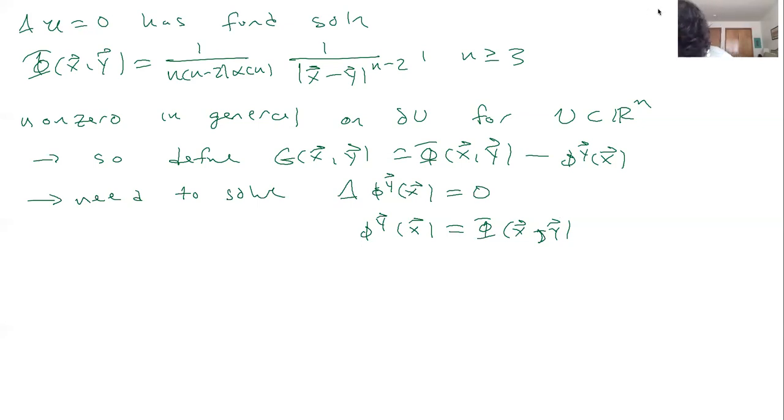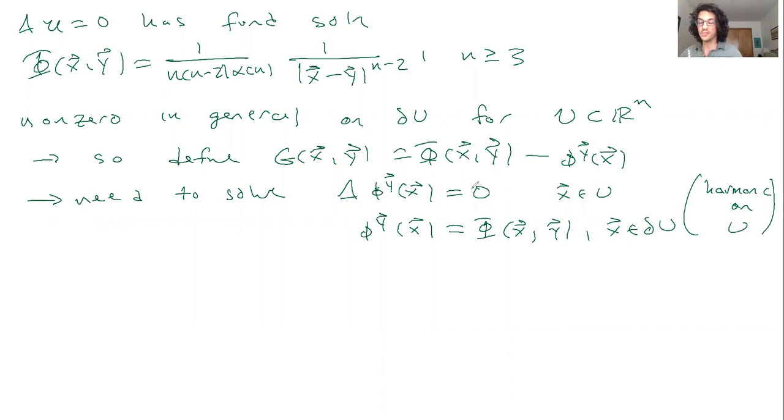It is a function of x − y, but let's keep this convention here. So the PDE and the boundary term. The point is that this needs to be harmonic on U. It has to be 0, so we can't have it become a delta distribution.